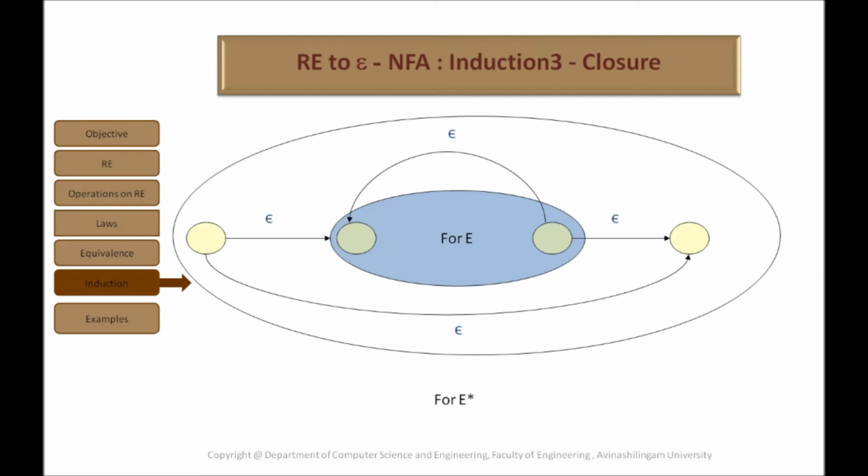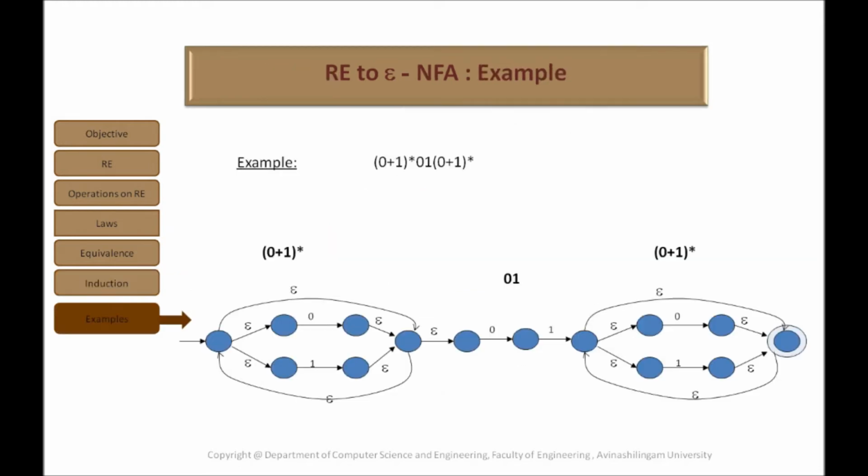Here we have an example: 0 plus 1 power star, 0, 1 and 0 plus 1 power star. First, 0 plus 1 uses induction 1, that is, using 0 it goes to the final state, or using 1 it reaches the final state. That is represented using induction 1.